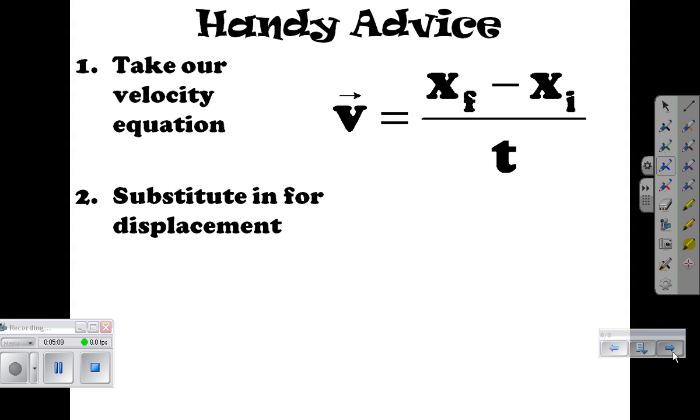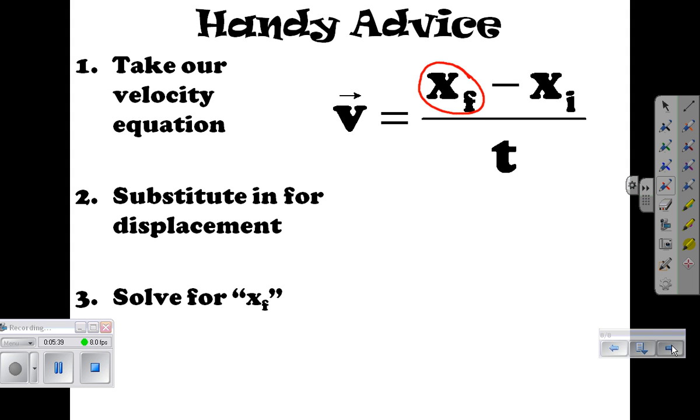You're probably going to end up having to write it off to the side or perhaps down here somewhere. But there's one thing I want you to do, and that is I want you to solve for XF.